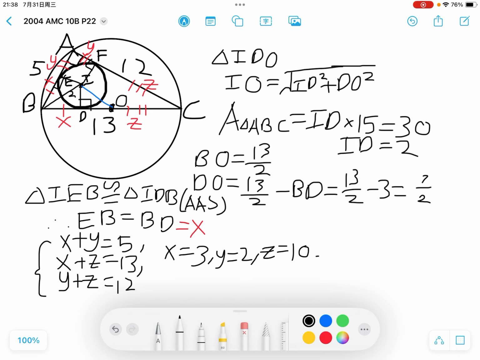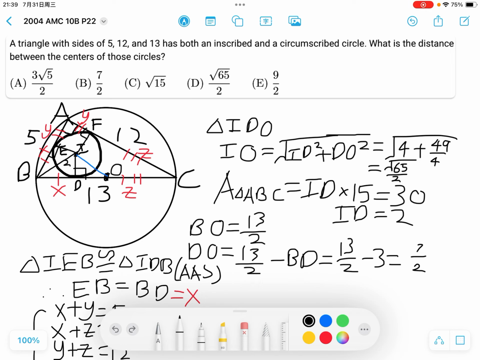IO is the square root of ID squared, which is 4, plus 7 over 2 squared, which is 49 over 4. Simplifying gives an answer of root 65 over 2, which is answer choice D. So we circle answer choice D and we're done.